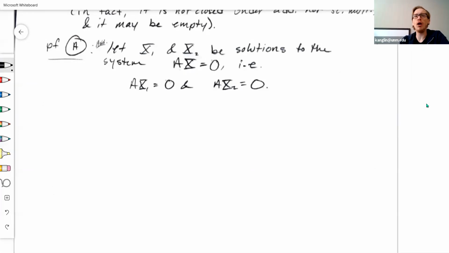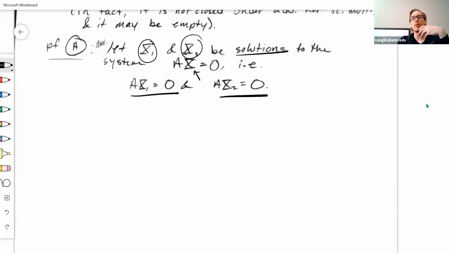So then let x1 and x2 be any two solutions, anything you can plug in for this X matrix column and satisfy the equation. So in other words, assuming that x1 and x2 are solutions really just means we're assuming they solved this equation, right? When plugged into this equation, these equations are still true. So from there, we're trying to show if I've got these two in this space of solutions, I want to show that their sum is also a solution. This would be proving closure under addition.